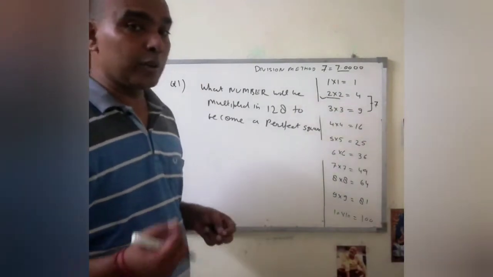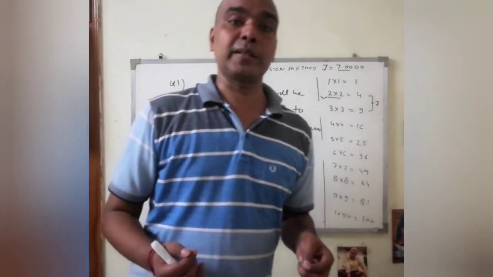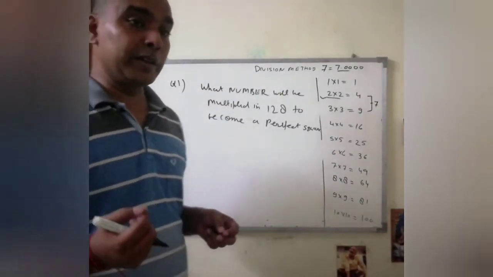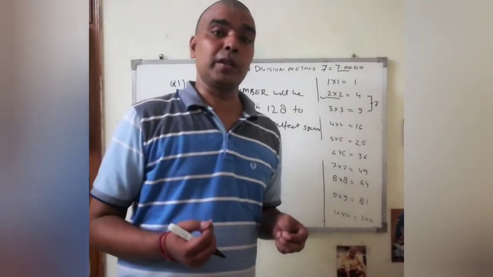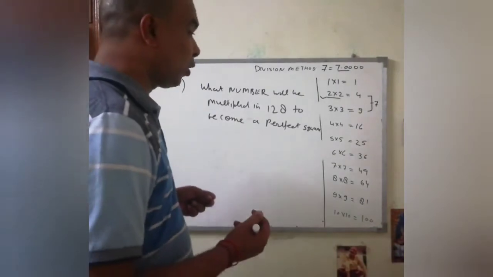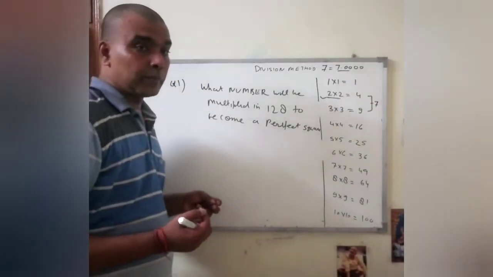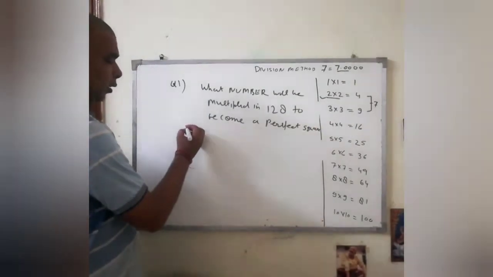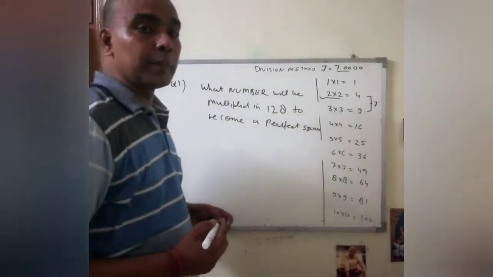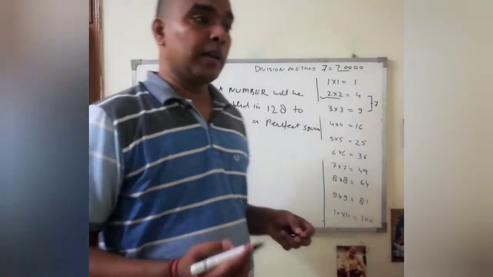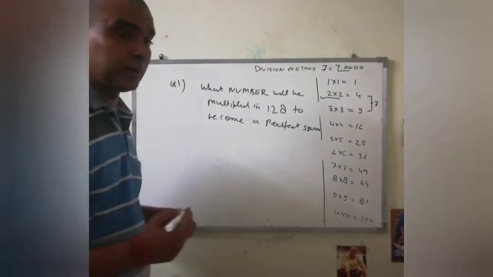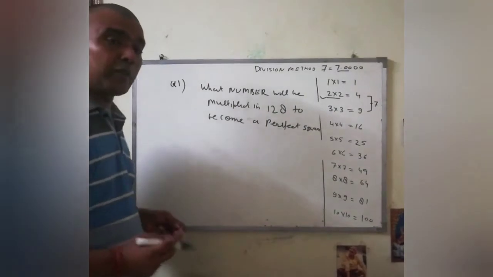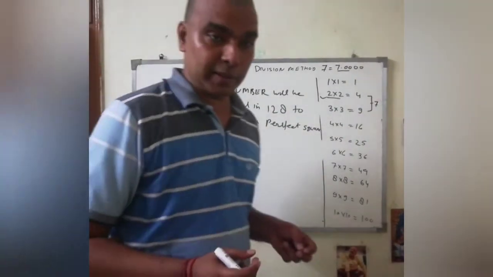So I have already told you the first method is the repeated subtraction method. But in the repeated subtraction method we need to first know the number. But here it is not there. The number we don't know. So we can't do it using the repeated subtraction method. Another method is the prime factorization method. So in prime factorization we can make the pairs.